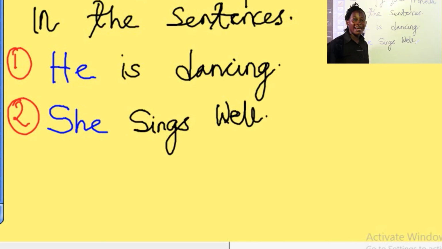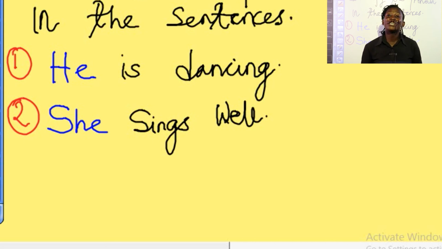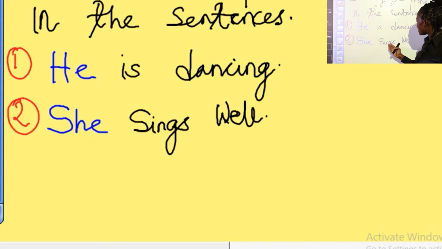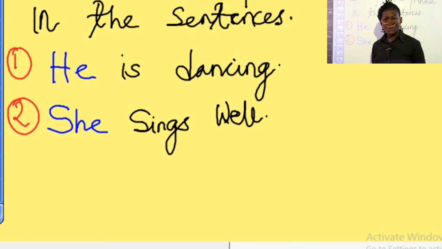The pronoun here is she because she represents female. We can say Victoria sings well. We can also have Clara sings well. And we could also have Elizabeth sings well.